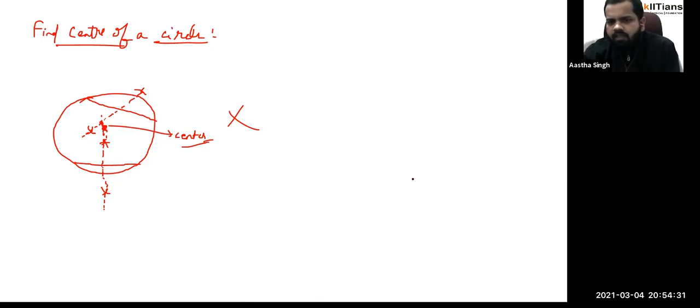But let me just tell you here how to make a perpendicular bisector. In detail we'll study later. You are given a line AB, right? Put a compass here and take more than half of AB. Make an arc above it and an arc below it, right?